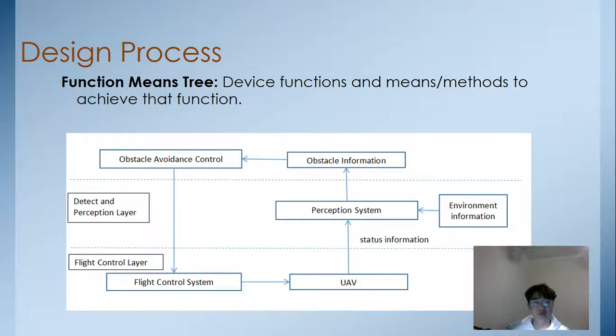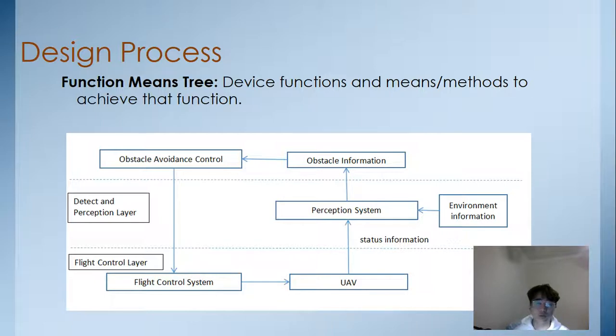This slide is about the function mainstream. That includes device functions and methods to achieve those functions. In the middle of this chart is the detect and perception layer. Below this is the flight control layer. So let's begin from the right lower corner.